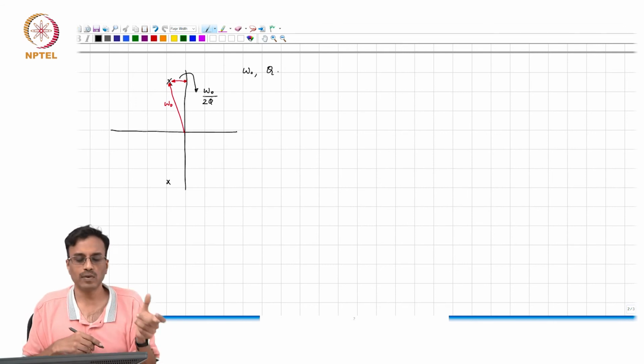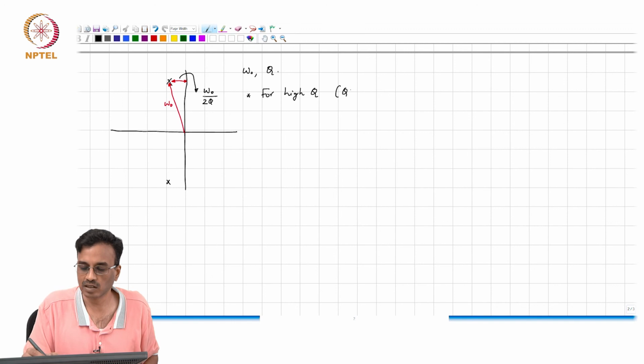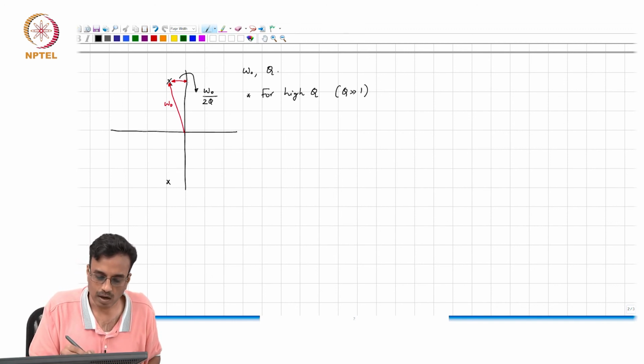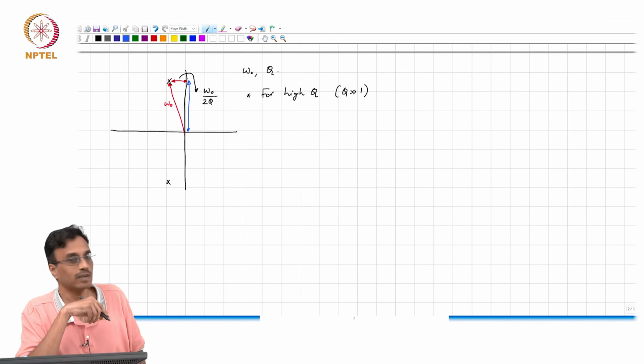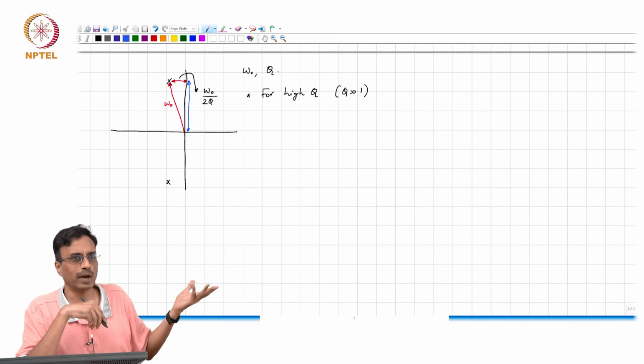And for high q, that is q much larger than 1, what comment can you make about the length and the hypotenuse? It is almost equal to omega naught.